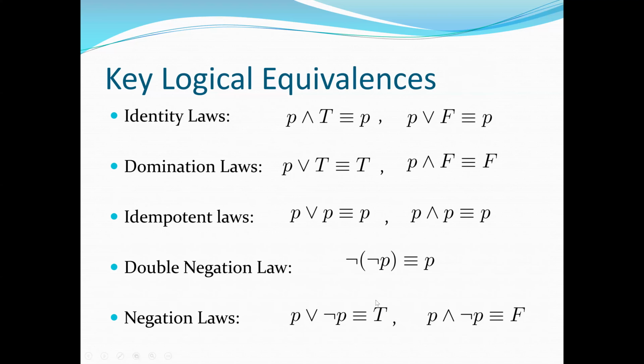Now P or not P will always be true, because if P is true, not P will be false. So true or false is always true. False or true is always true. But with and, it will be false.